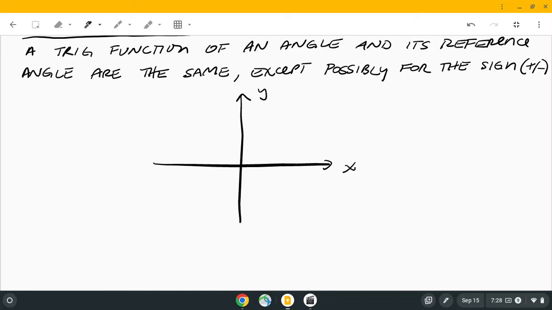Up here, the y values are positive. Down here, the y values are negative. So sine will be positive in the top two quadrants, but down here, the y values are negative, so sine will be negative in the bottom two quadrants.